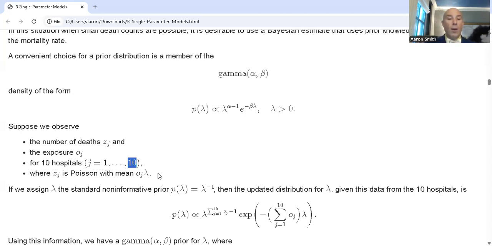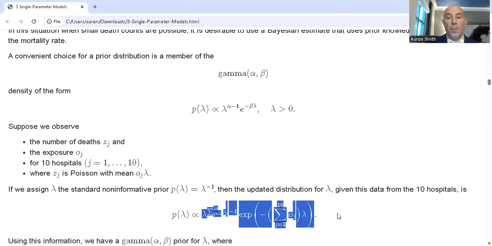So what I've done here is I start out with my initial prior, the non-informative 1 over lambda, which you'll notice is not actually a probability distribution. Then I'm going to combine it with the information I get from doing my research. All right, and putting that all together, I get this set up.